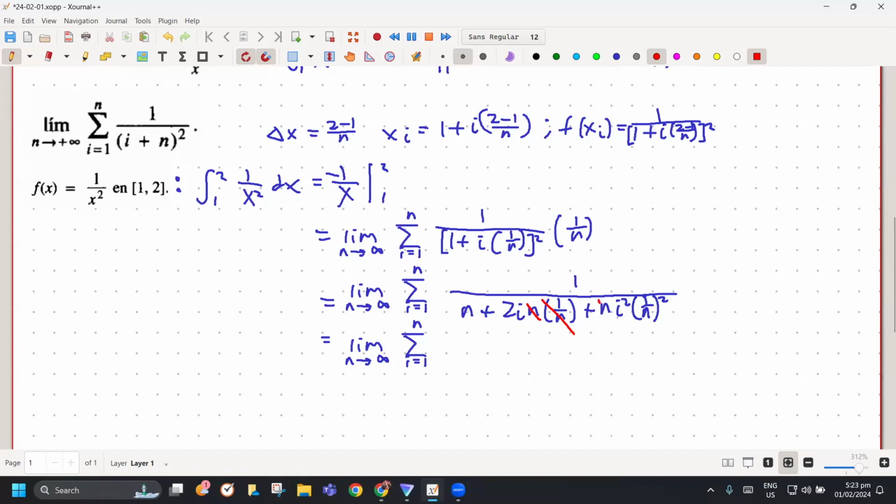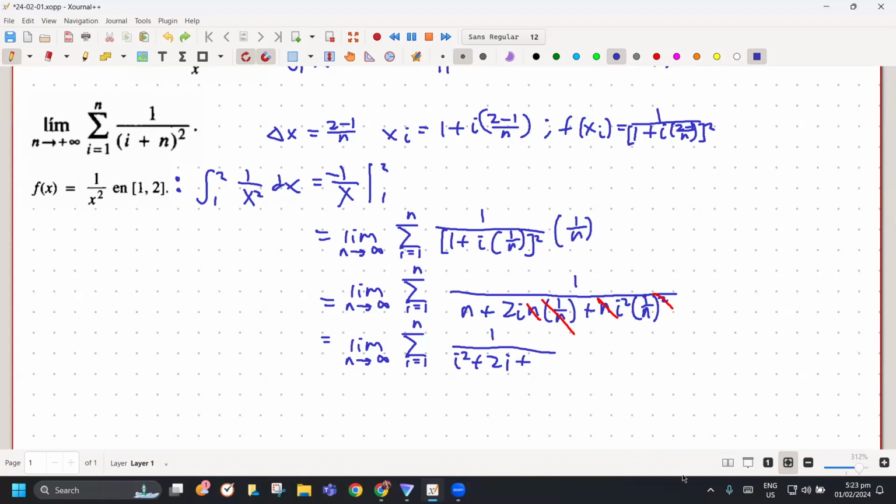Dito rin, 1. Okay. Yun na pala siya. So, i squared, tapos plus 2i, plus, oh no, wait.